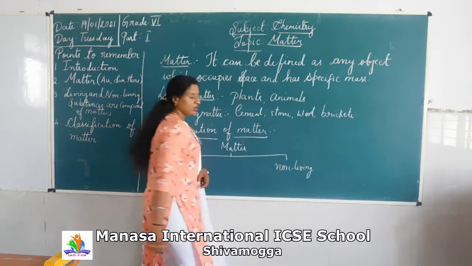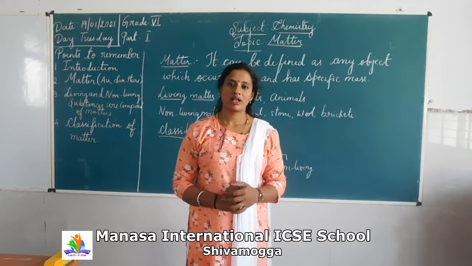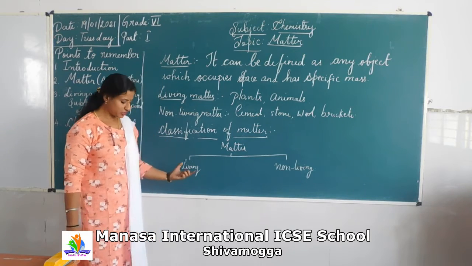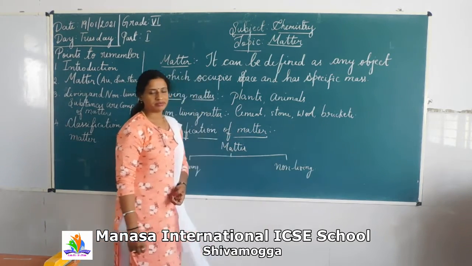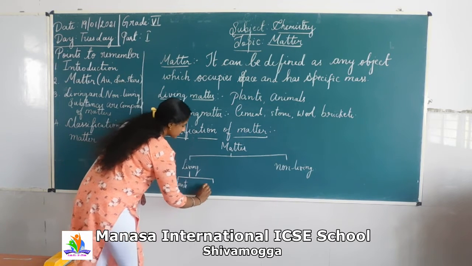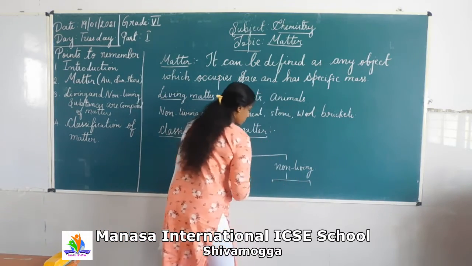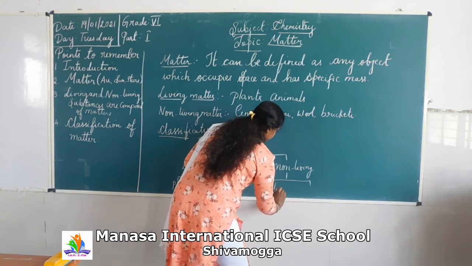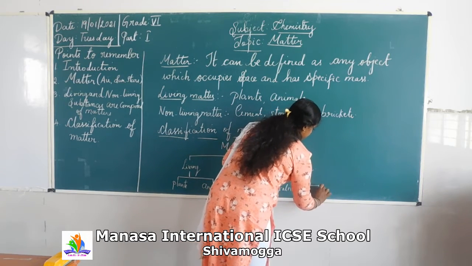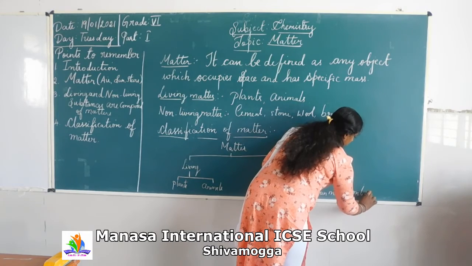On this entire planet Earth, all the substances can be divided into these two. Again, living is classified into plants and animals, whereas non-living is divided into natural non-living and man-made non-living, okay?